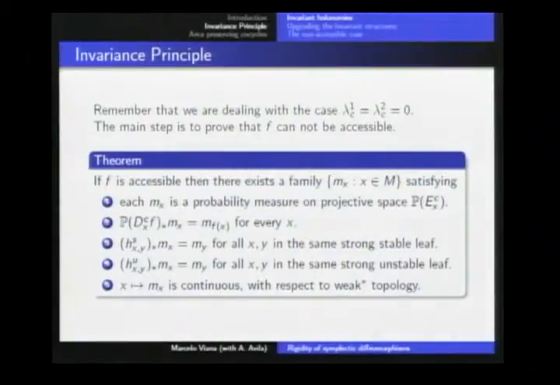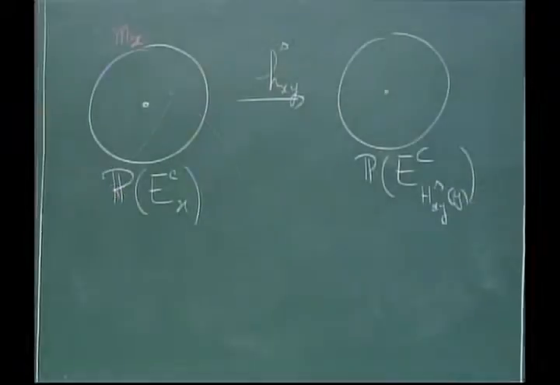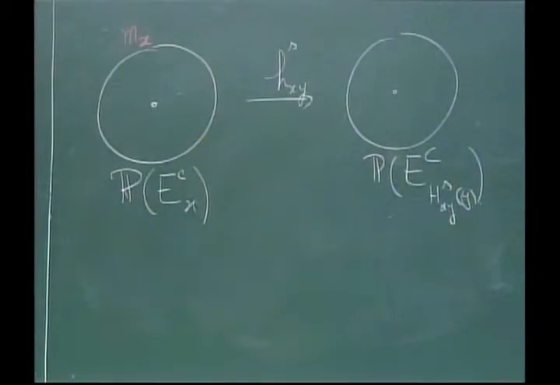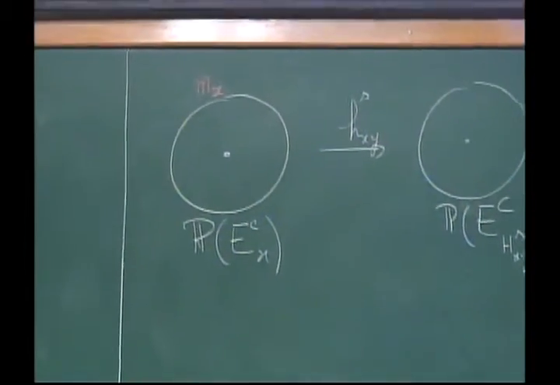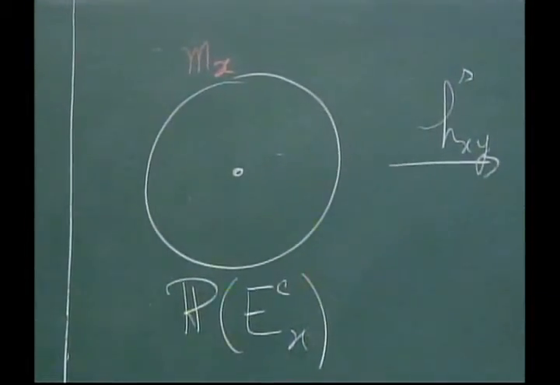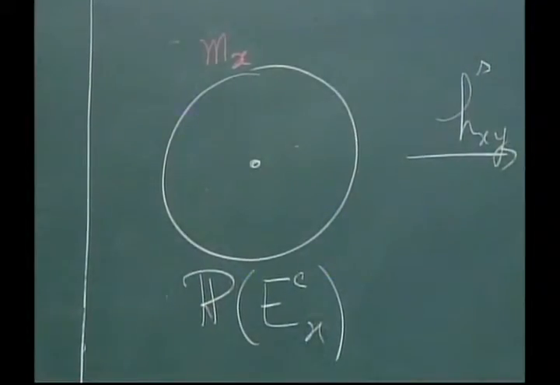If F is accessible, then there exists a family of probability spaces on these projective spaces. On each one of these, we get a probability measure, m_x. This is the first stage for getting an invariant translation structure. First stage is to get an invariant family of probability measures on the projective tangent spaces.